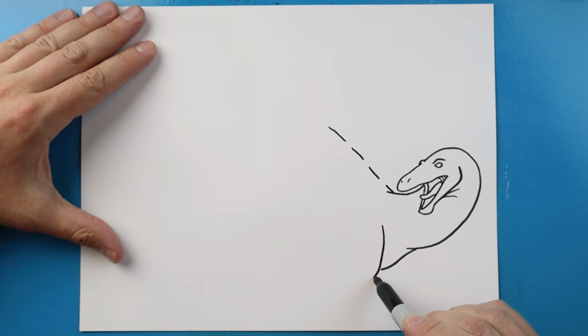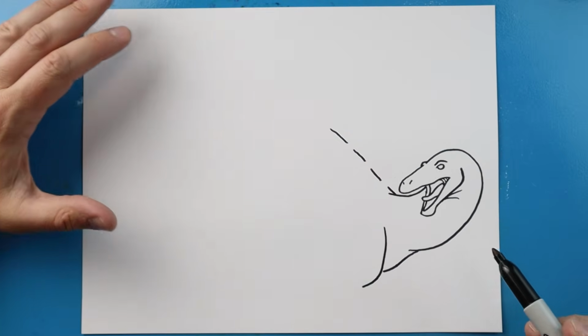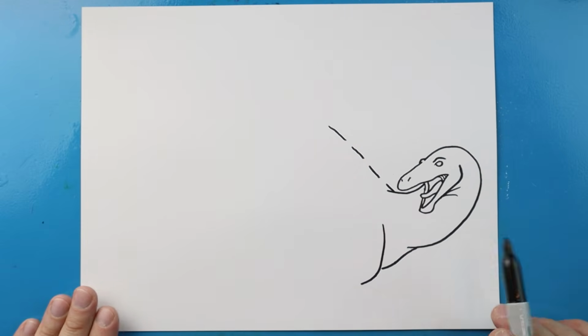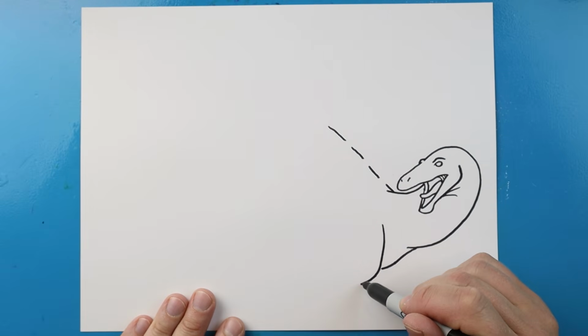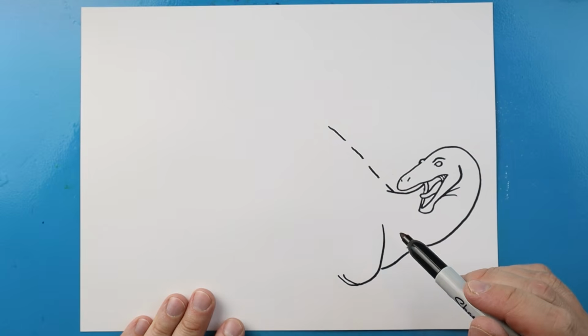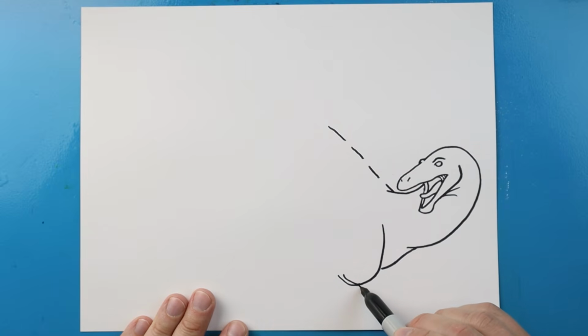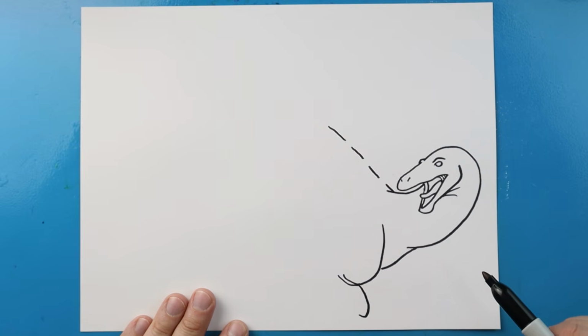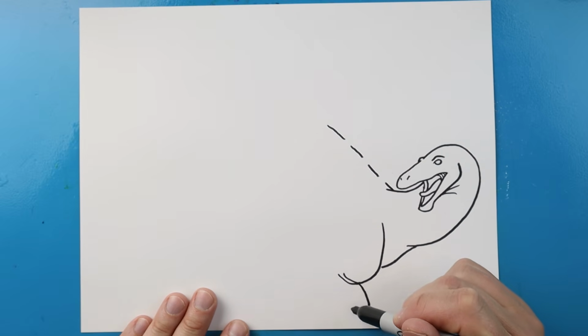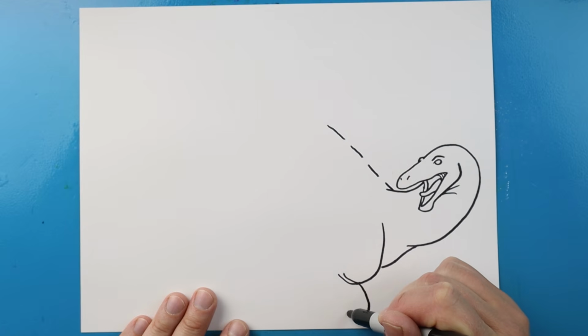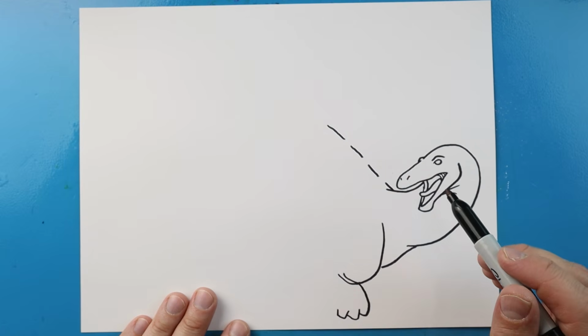Then I'm going to come down here and then in like this for part of the leg. We're going to make a couple little lines kind of curve up. Then we're going to go down here and up for a little toe. We'll make another little toe here and then one here.